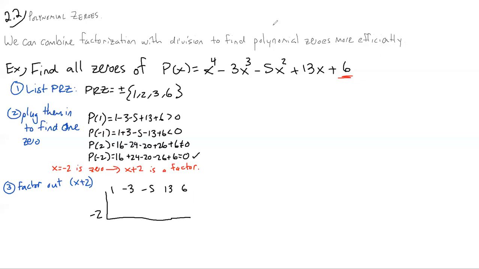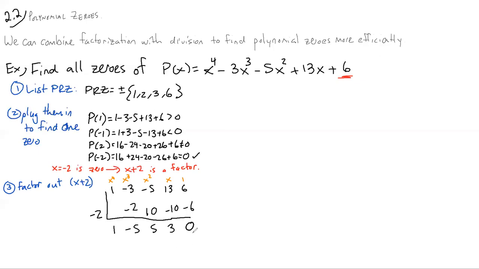And I always like to just indicate what powers those are. And do my synthetic division, so 1 is 1, 1 times negative 2 is negative 2. Add them together to get negative 5. Negative 5 times negative 2 is 10. 10 plus negative 5 is 5. 5 times negative 2 is negative 10. 13 minus 10 is 3, negative 6.